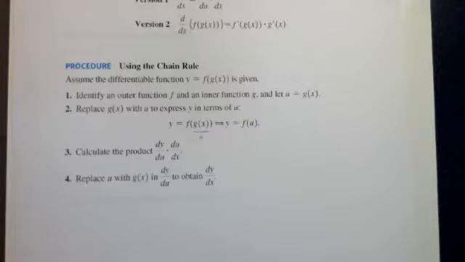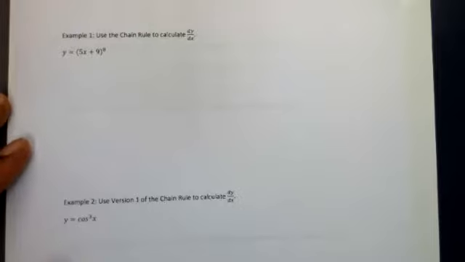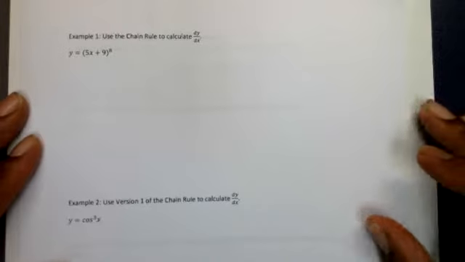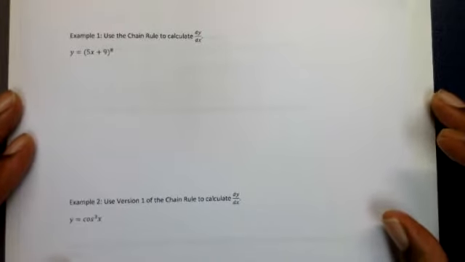So in this case, let's look at some examples of just that. All right, so in this first example, we're going to use the chain rule to calculate dy dx.